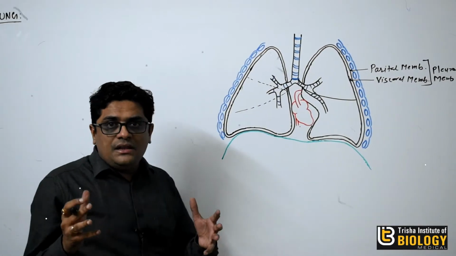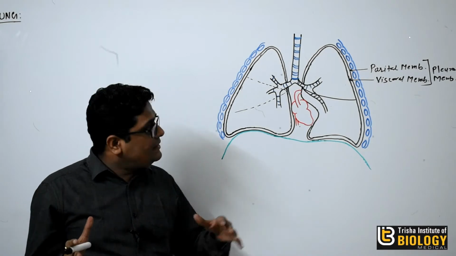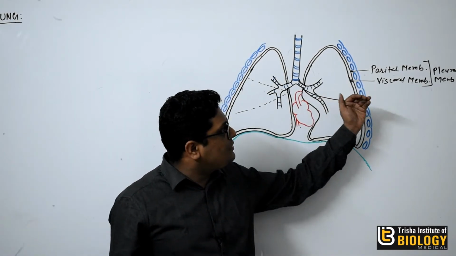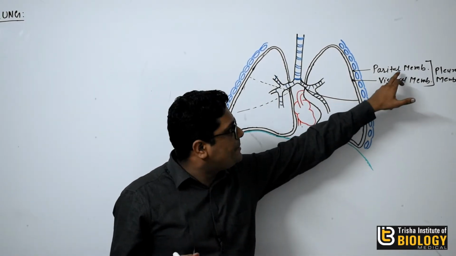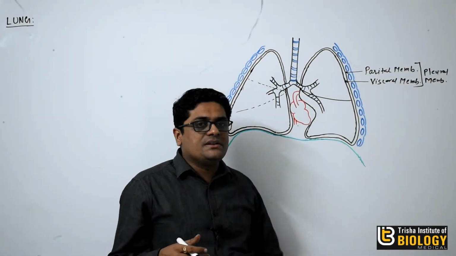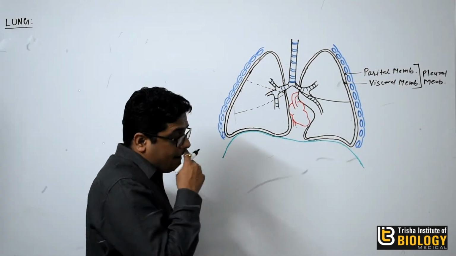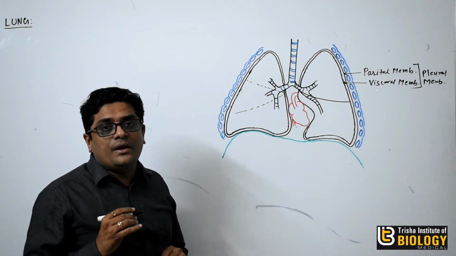So both the lungs are covered by a double layer wall. The outer membrane is the parietal membrane, the inner one is the visceral membrane, and combined it is known as the pleural membrane.